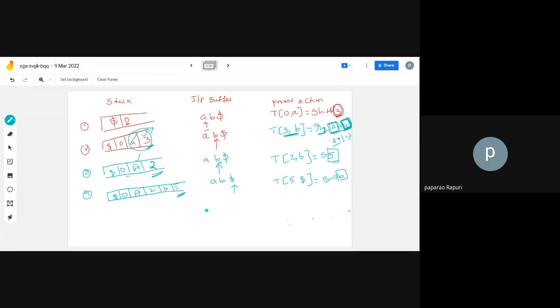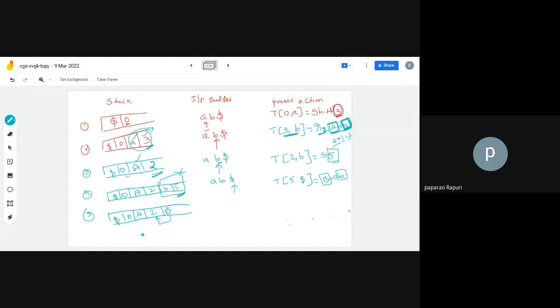So we need to pop these 2, and the stack becomes $0 A 2. After popping these two, we need to push the left hand side non-terminal, that is B.